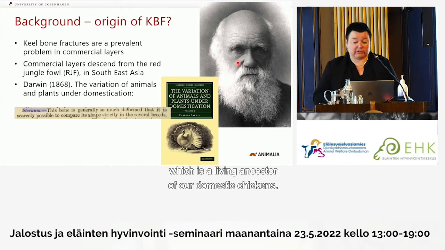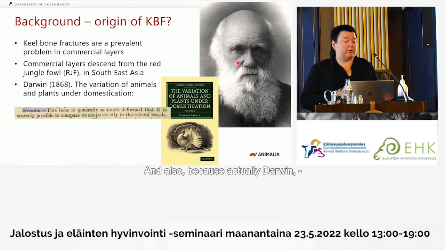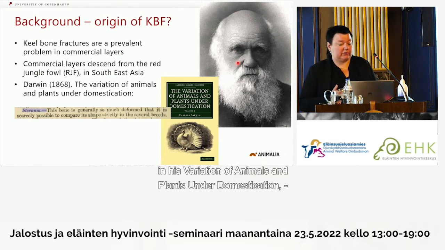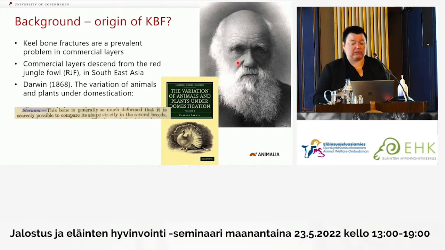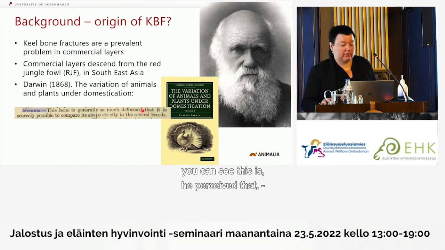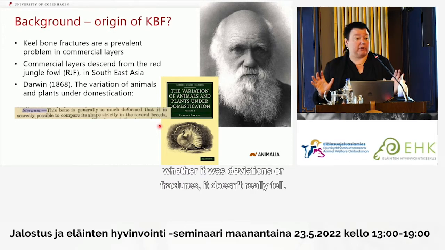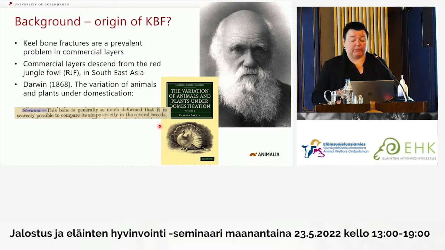our domestic chickens. And also because Darwin, in his Variation of Animals and Plants under Domestication, observed some deformed sternums, whether it was deviations or fractures, it doesn't really tell.